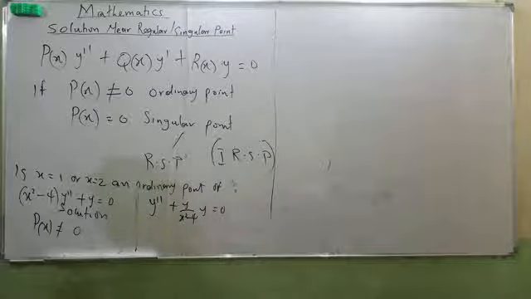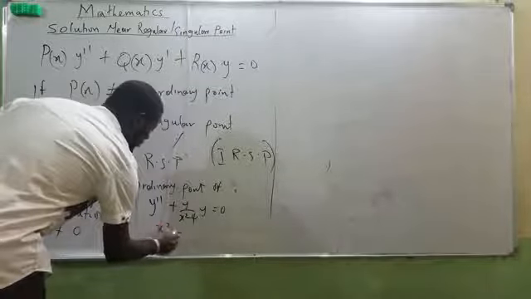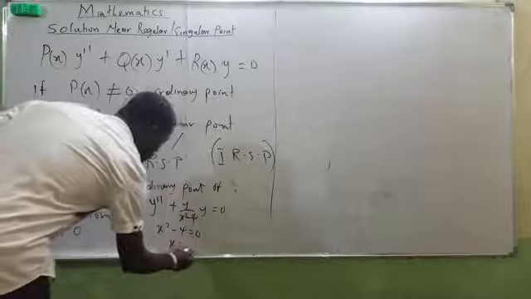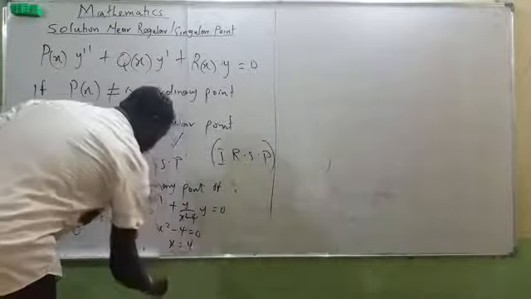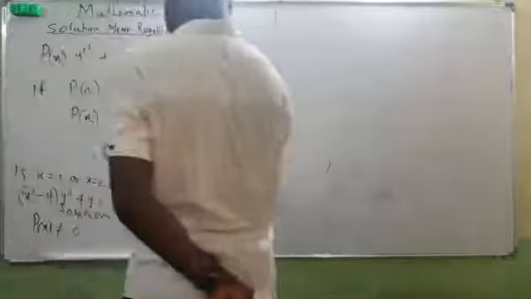Now, let's equate this to 0. It means x squared minus 4 equals 0, so x squared equals 4.